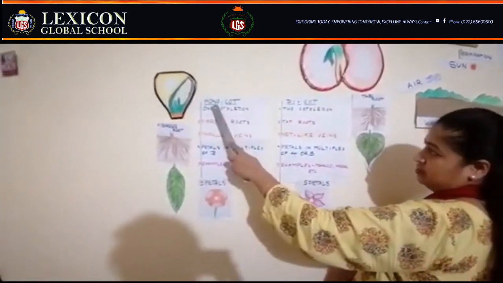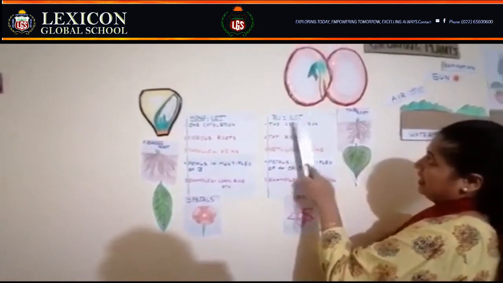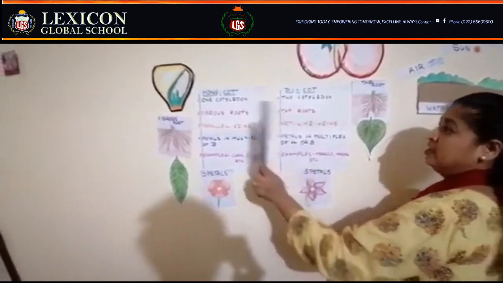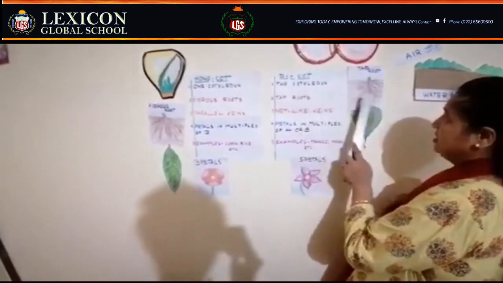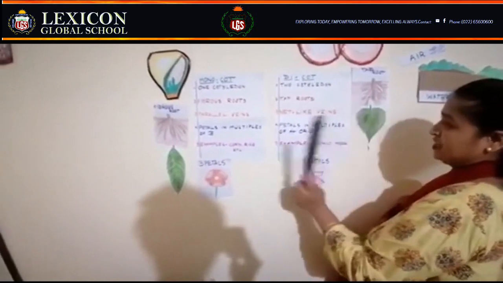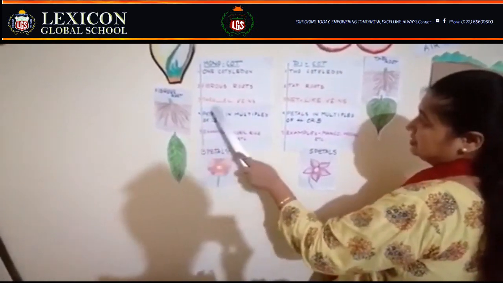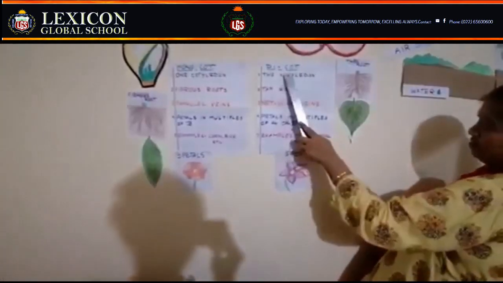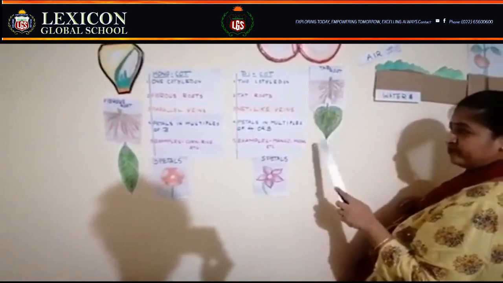Okay, so now we will revise once with all these things. Monocot has one cotyledon, dicot has two cotyledons. Monocot has fibrous root. Dicot has tap roots. Third point is monocot has parallel veins on the leaf, while dicot has net-like veins on the leaf.